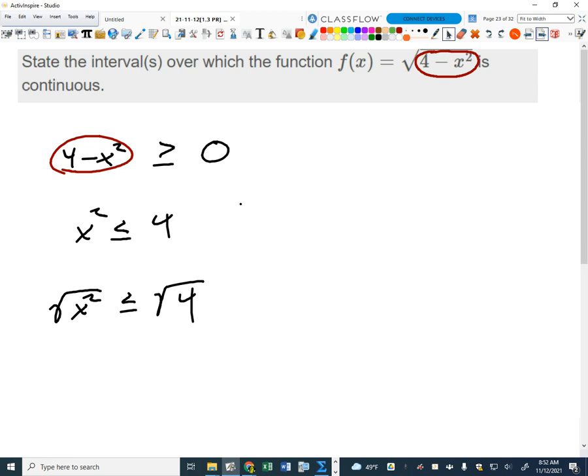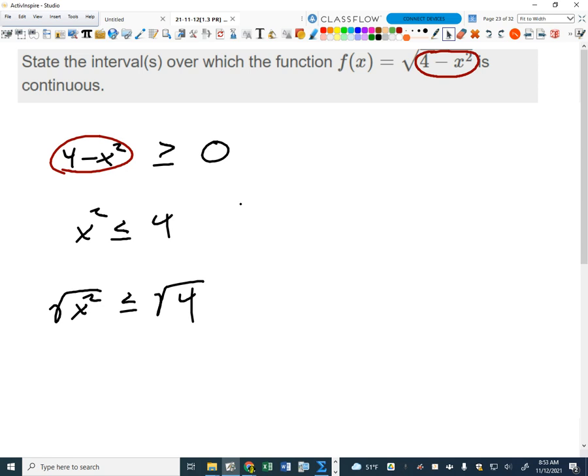If we can't take an even root of a negative number, then the argument of that square root, whatever's inside the square root, has to be non-negative, greater than or equal to 0. And so now we can switch into algebra mode and solve that algebra problem to find the domain of the function, because that's the condition that needs to be true.